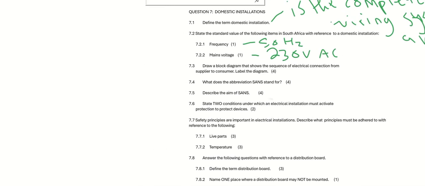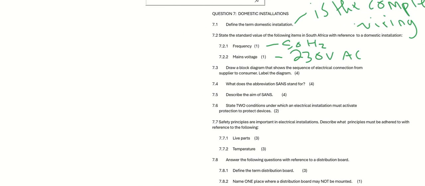Question 7.3 says draw a block diagram, show the sequence of electrical connection from the supplier to the consumer. Label the diagram. This question I like because it explains the whole operation system of electricity.